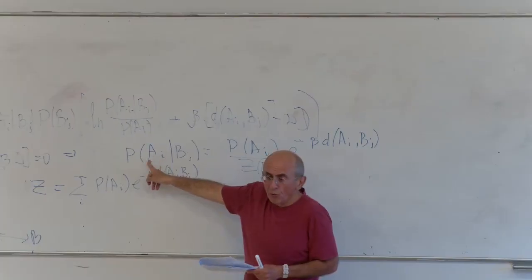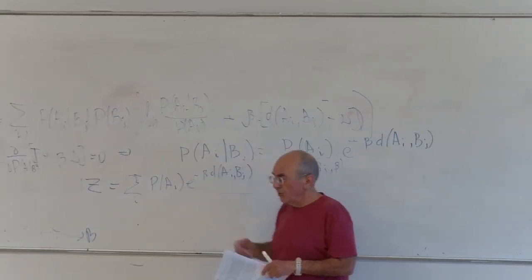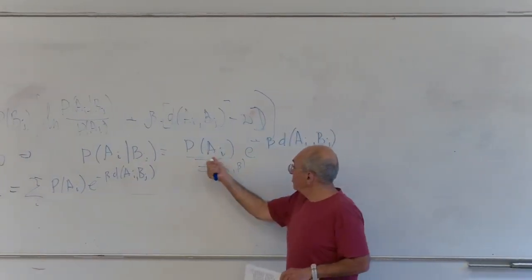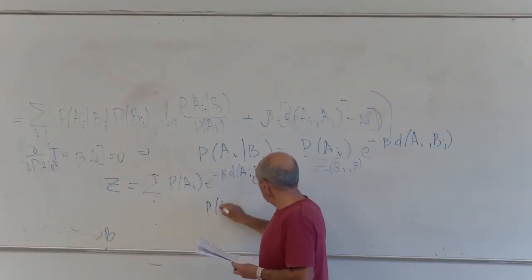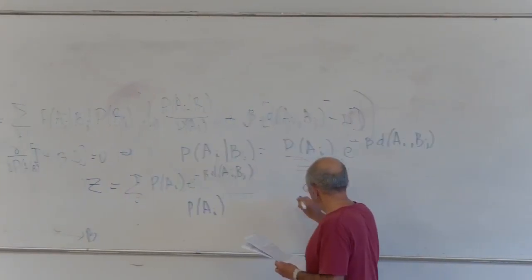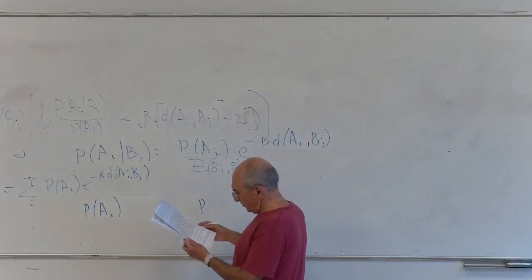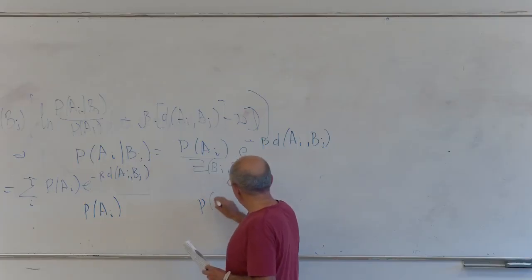How I encode a_i for every given b, right? That's what this encoding is. But it's expressed through this. So now I need to relate p of a_i and p of b. How do I relate it?